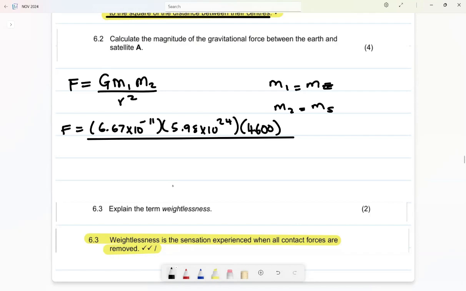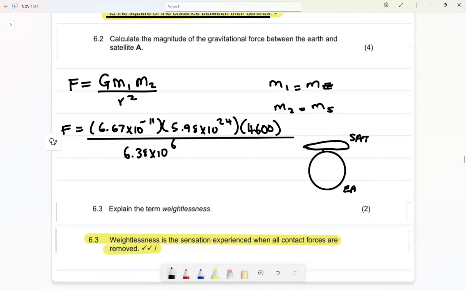If it was just moving around the surface of the Earth, we would just use the radius of the Earth as 6.38 times 10 to the power of 6.